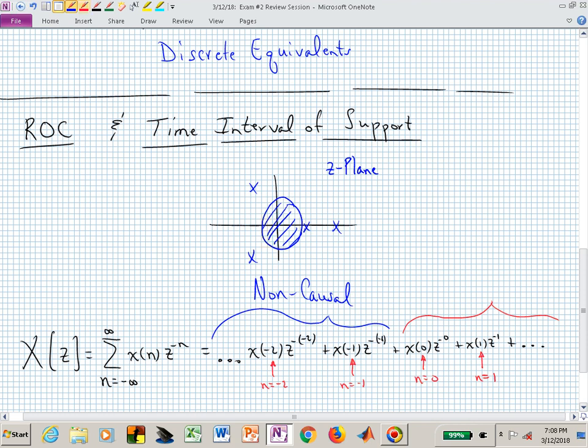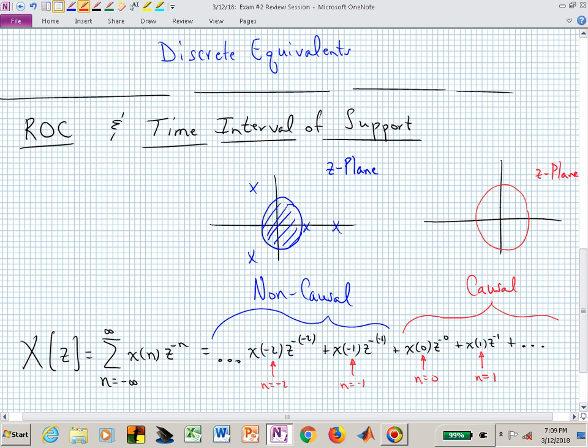If you're okay with that argument, what can you now say about the region of convergence for this red curly brace, which corresponds to the causal? Well, this is just the opposite. If you now plugged in, now you have a constant, x of 0, plus x1 over z, plus x2 over z squared.